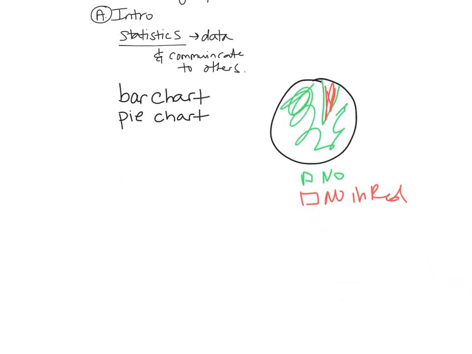And then a bar chart. I don't know if you know what a bar chart looks like. My kid did bar charts in preschool. It was so cute. These were the green apples, these were red apples, and these were yellow apples. I did not mean to.